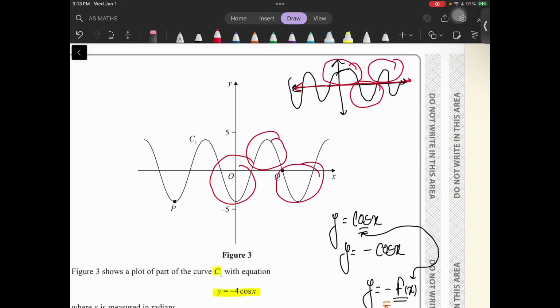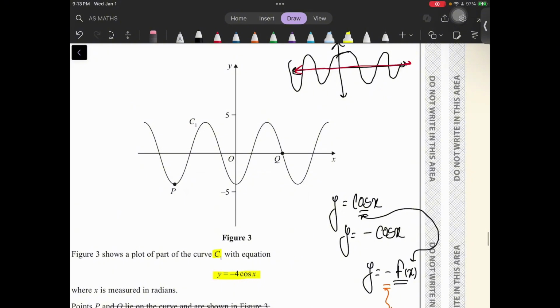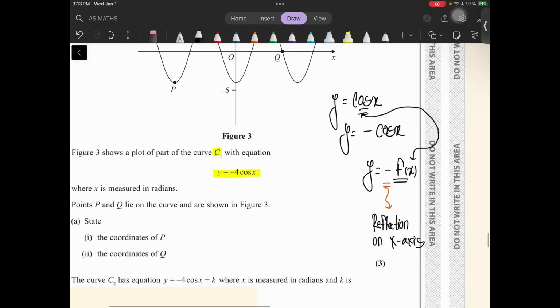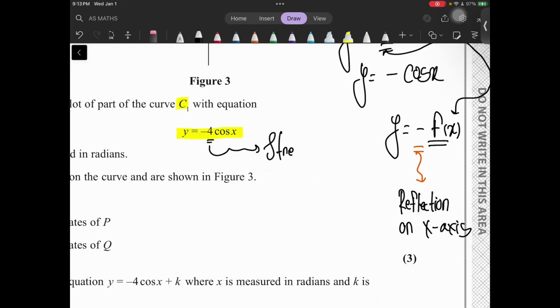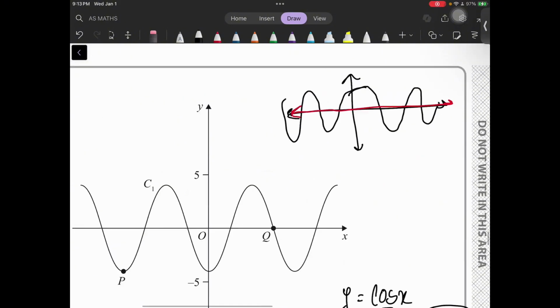Clear with that? Apart from that, this is a stretch of 4 as well. See, this curve is multiplied by 4. The graph of y equals cos x starts with plus 1.